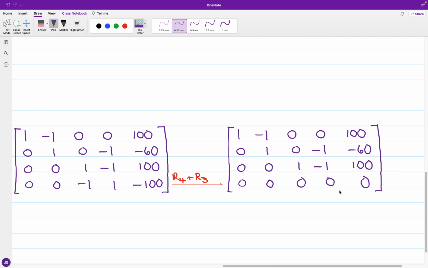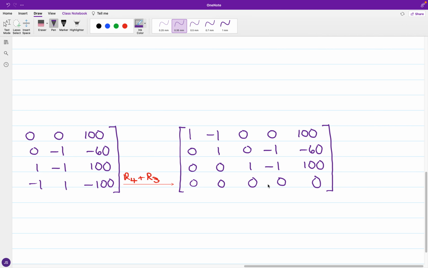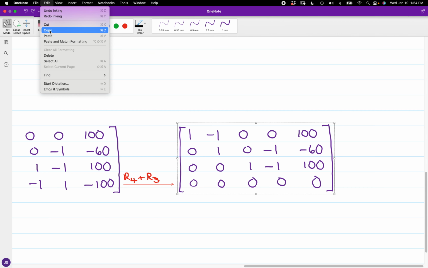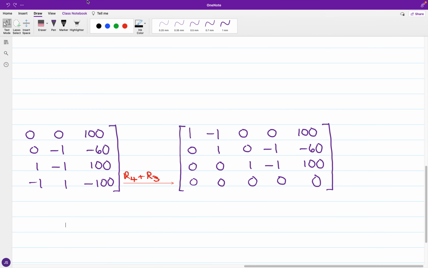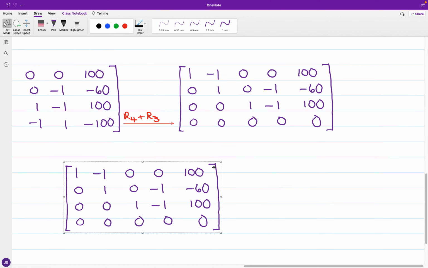So this is going to be the reduced form of what we have here, just for the system. For the equations, you have x1 is equal to 100 plus x2.